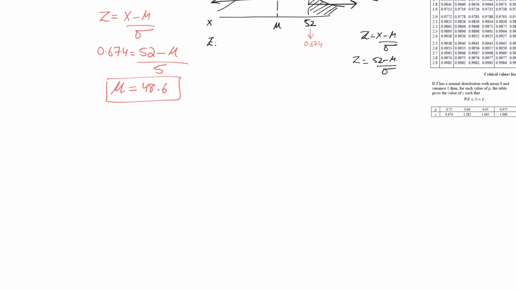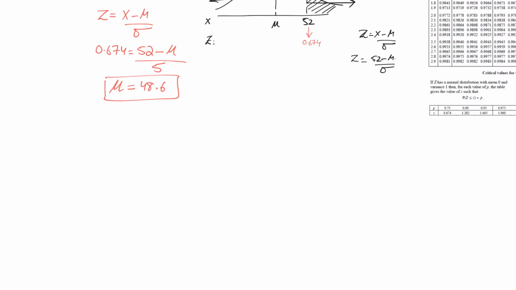I'll do the working over here. In the second part, we know that x follows a normal distribution with mean 48.63 to be precise and variance 5 square. Now the question is asking to find the probability that x is greater than 40.